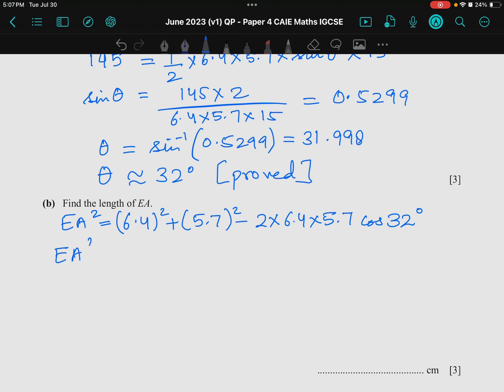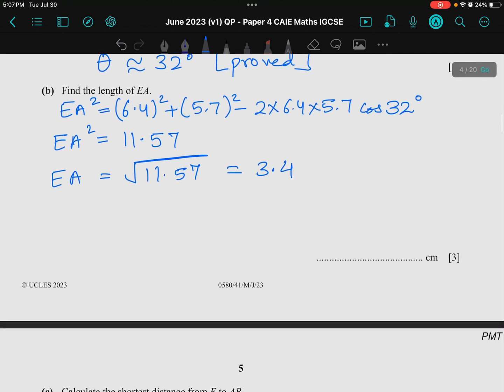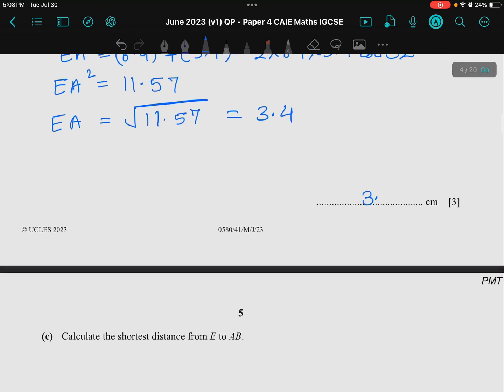So EA squared is equal to, when you put all these in your scientific calculator, 11.57. So EA is equal to the square root of 11.57, which will give me 3.4. 3.4 centimeter is the length of EA.